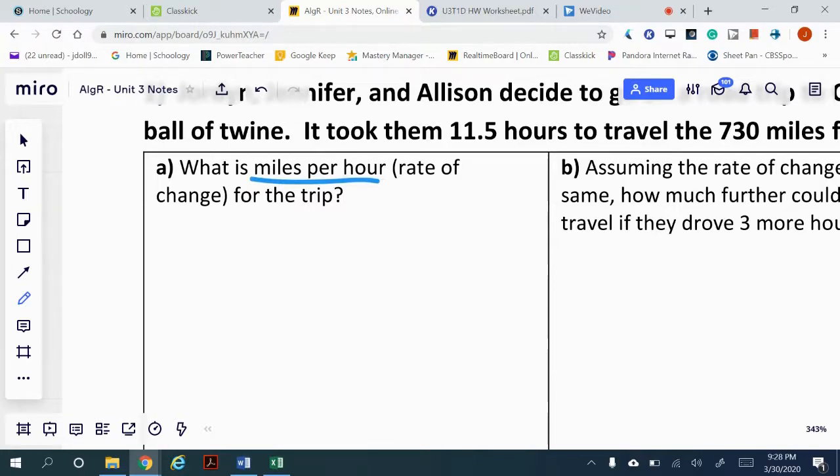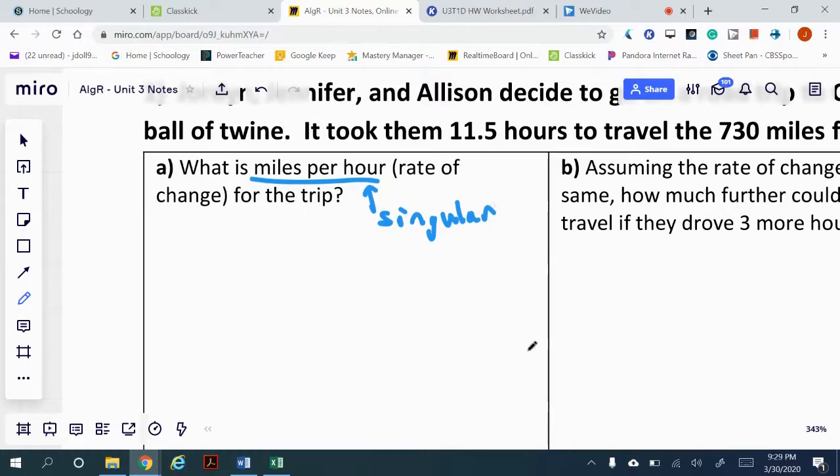Now, the other thing to notice here specifically is that the hour is singular. All right, singular. And so that's going to play an important part of how we get to a final answer here.